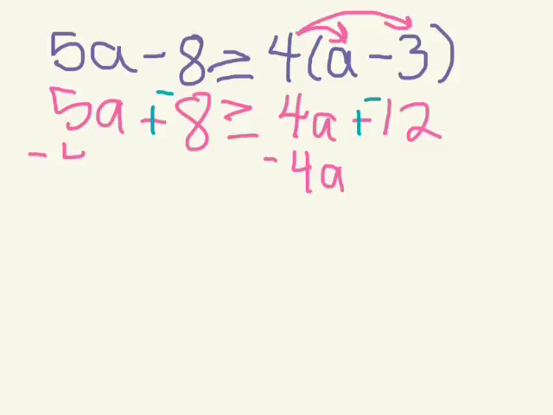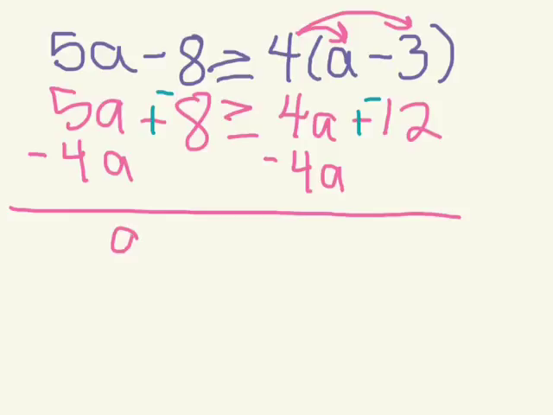I'm choosing to subtract 4a from both sides instead of subtracting 5a because I won't end up with a negative a if I do it this way. So when I do this, I end up with a plus negative 8 on the left is greater than or equal to negative 12 on the right.